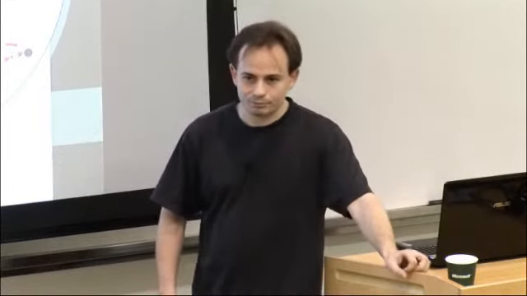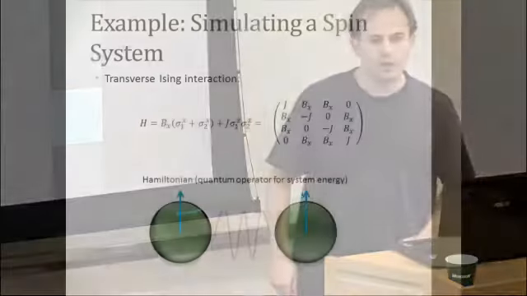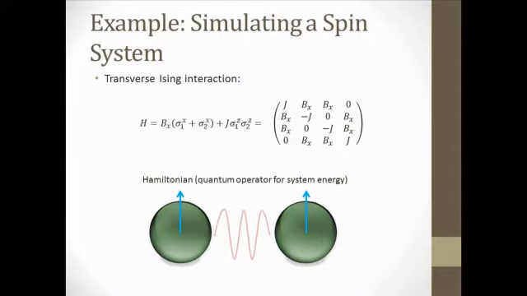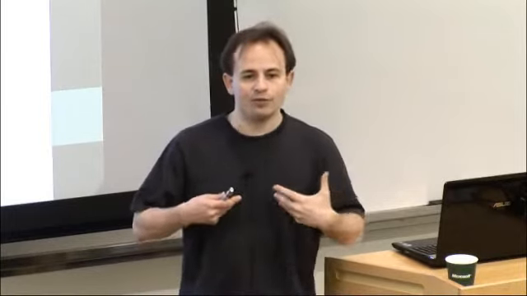So I'll just do a very brief example of a spin system type problem, just to give you an idea about how the simplest variants of these quantum simulations work. This is a model known as the Transverse Ising model for two interacting spins. It's a model used in condensed matter physics to describe quantum magnetism.